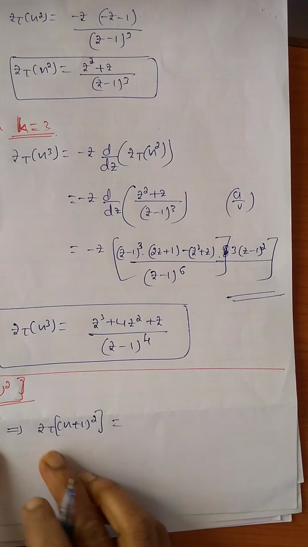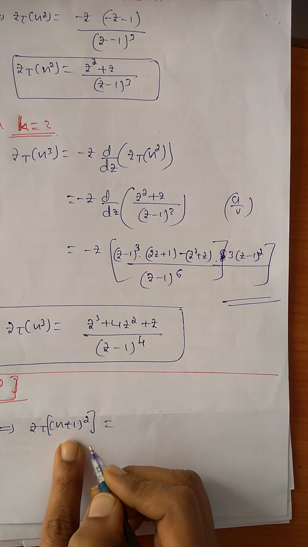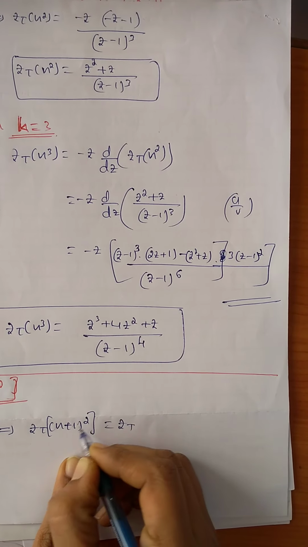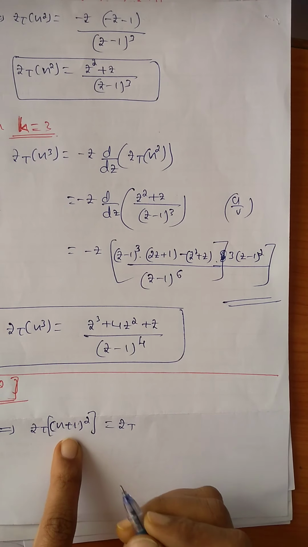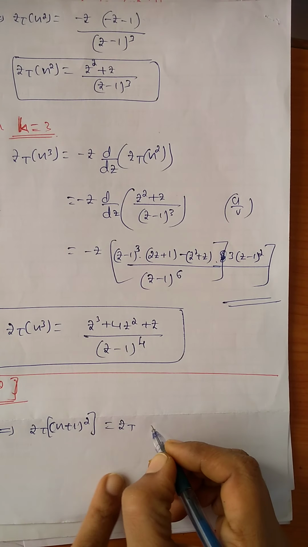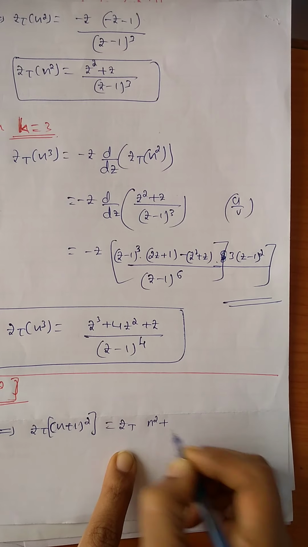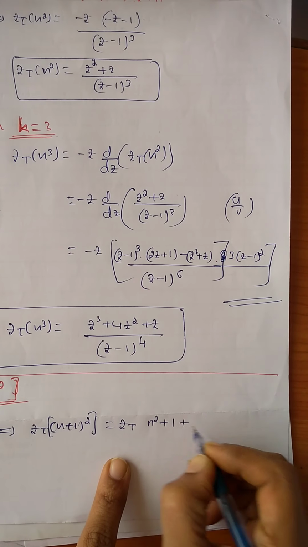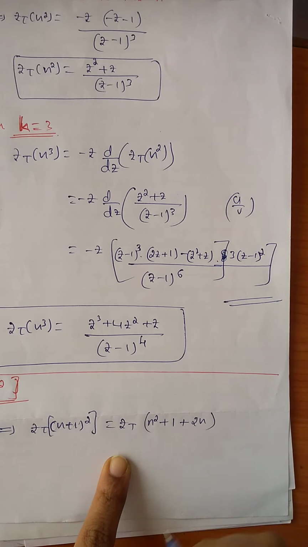Before applying the z transform, first we have to simplify the given function. Here apply the (a plus b) whole square formula. We will get a square, meaning n square, b square meaning 1, plus 2 into a into b, which gives 2n.